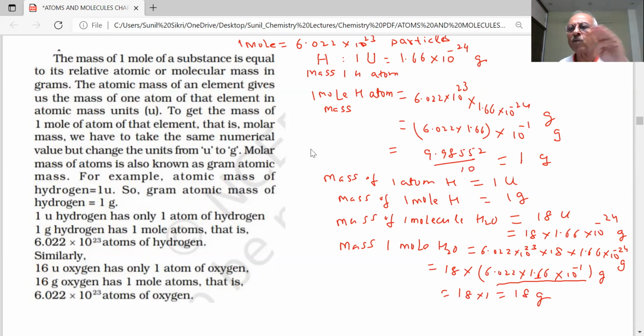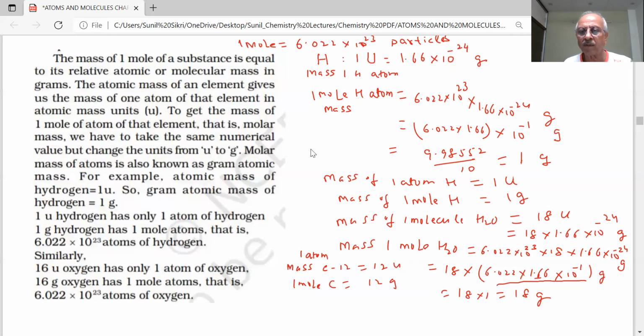So what is happening? The U are converted into grams. When I use 1 mole, what happens? So we are saying if the mass of C12 is 12 U, then one atom. And if I say 1 mole of C, how much will it be?